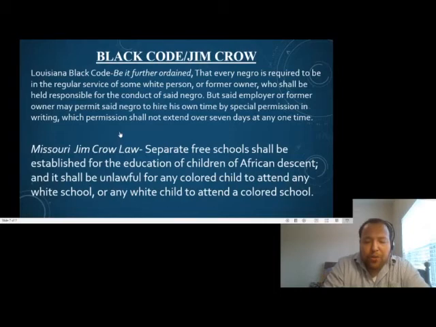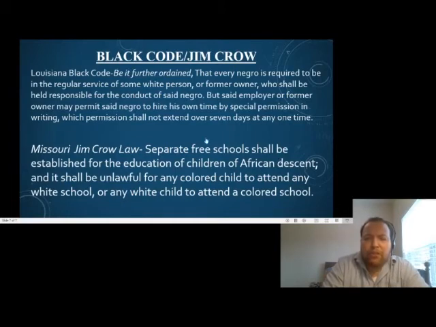As a result, a lot of the southern states took it upon themselves to pass their own explanations or exemptions to the 14th Amendment. And what we're going to start to see, beginning with Black Code, is the beginning of what's usually referred to as segregation.